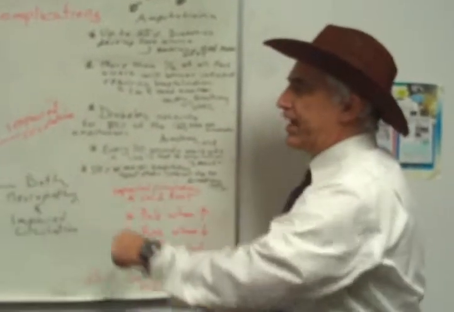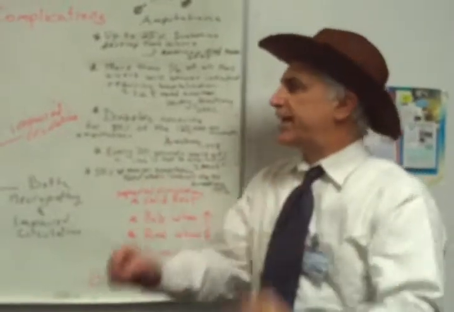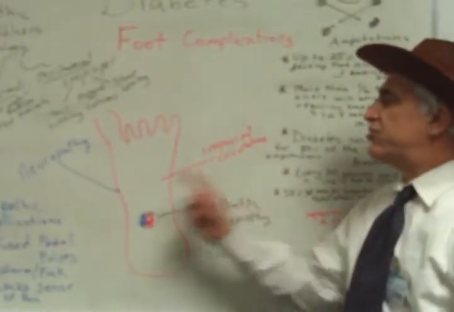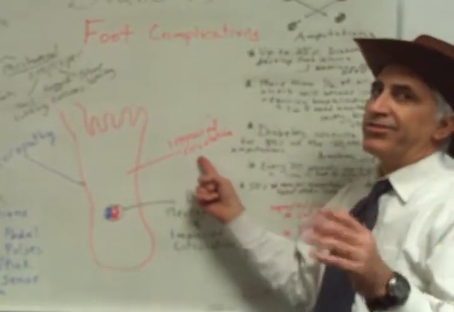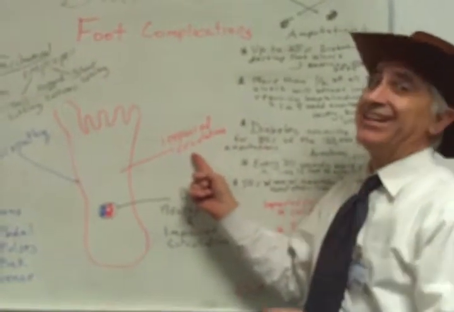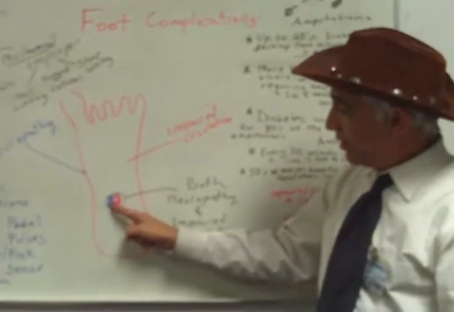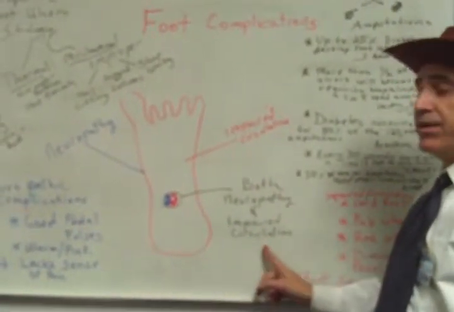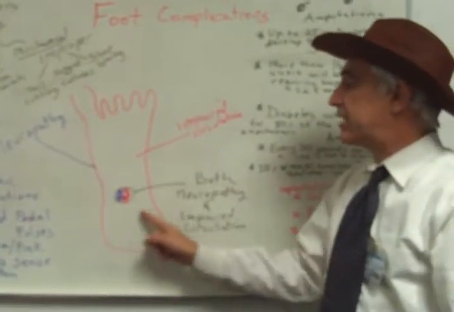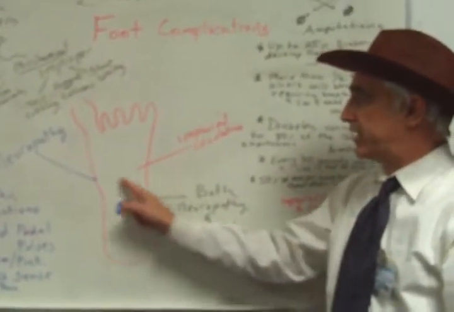It doesn't have the neuropathic component. Let's go back to what we said: two issues, neuropathy and impaired circulation. Sometimes you're unlucky and you have both. Both neuropathic problems and impaired circulation can be the cause of the foot complications.